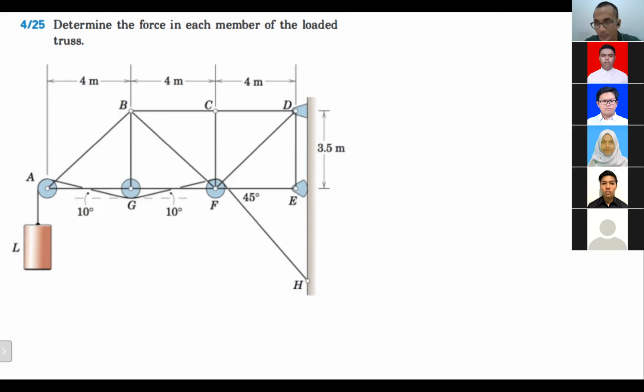So for today, I will discuss several problem examples for you to get used to it. And then at the end, in the last 45 minutes, I will discuss the last theory that you need to know about the truss system.